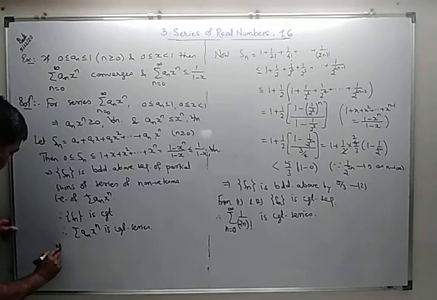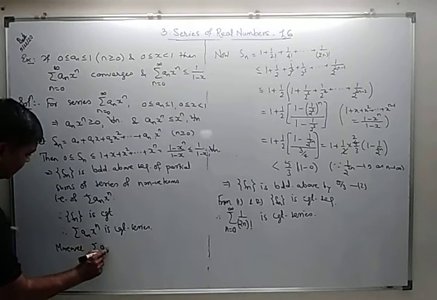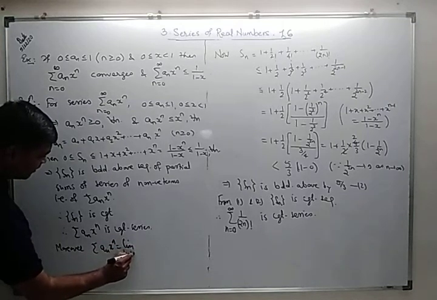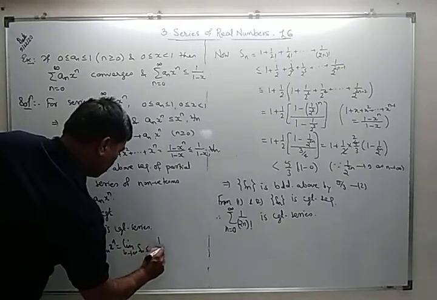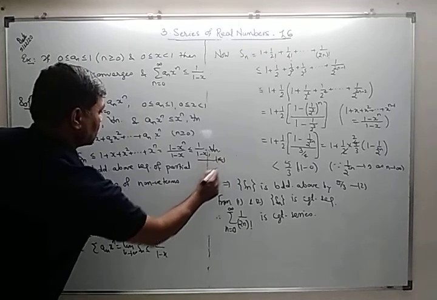Moreover, summation a n into x raised to n is equal to limit n tends to infinity of Sn, which is less equal 1 upon 1 minus x from star.